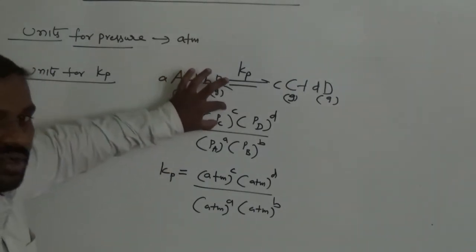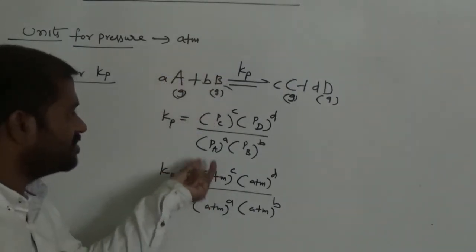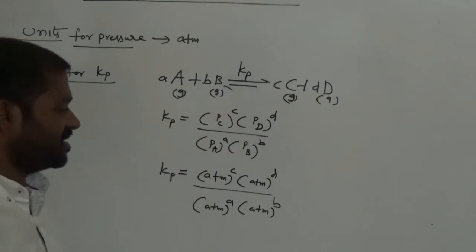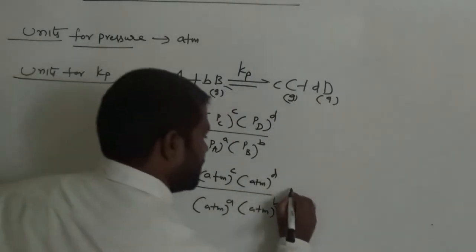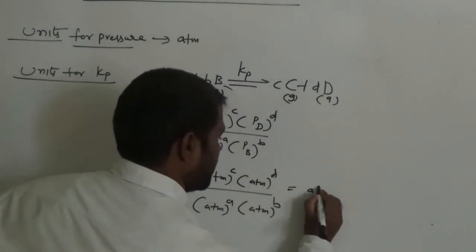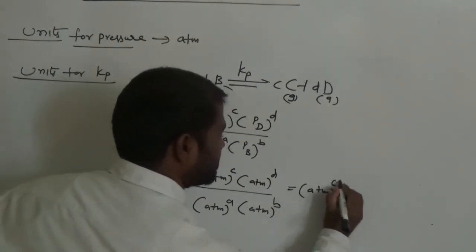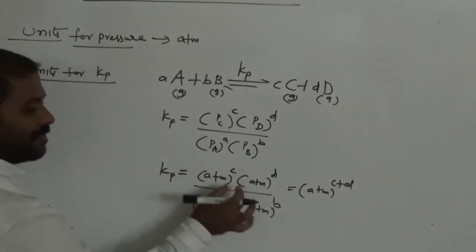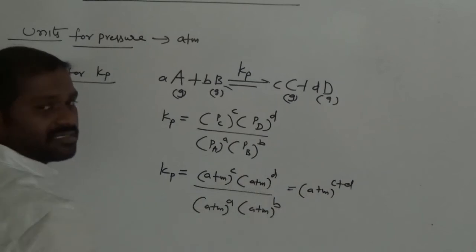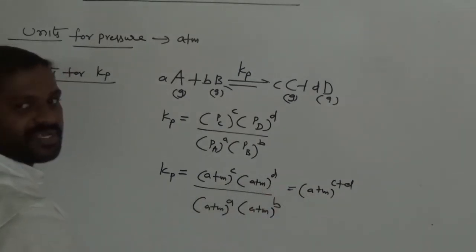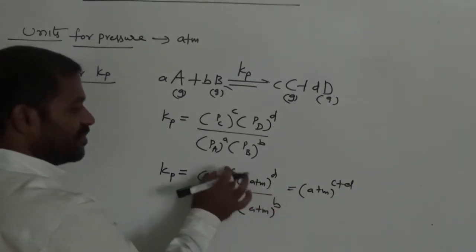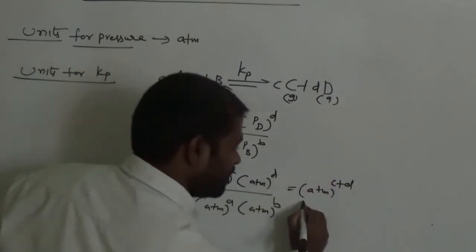It is the pressure, you know. What is the unit? atm. So keep in the bracket to the power c. So from this, atm whole power c plus d. Regarding the mathematical expression, a power m into a power n is a power m plus n. Here the bases are equal, so the powers should be added.